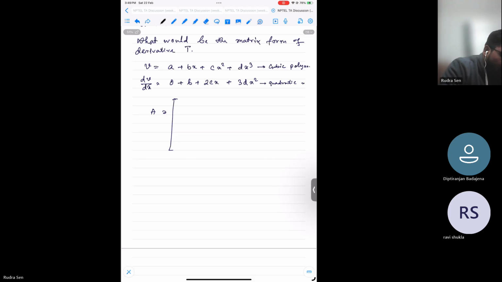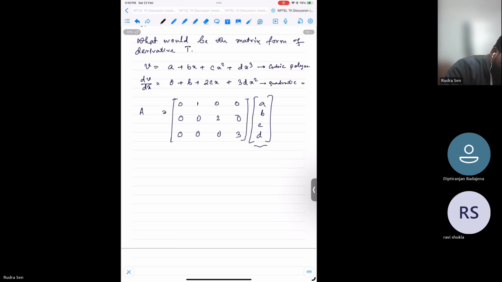So that means our term should be something like, I'm calling this as a, so ultimately here we get b, 2c and 3d.